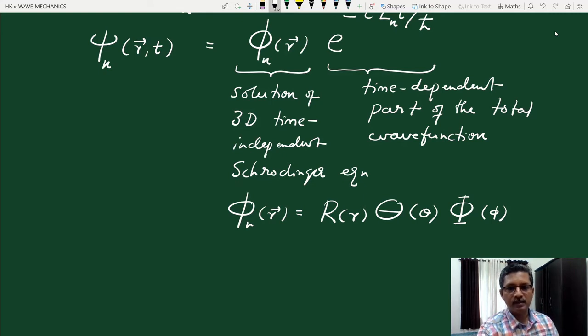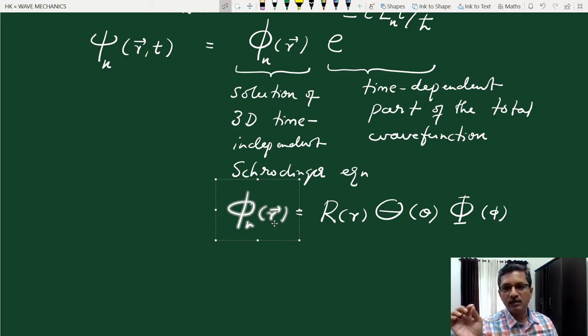So we notice that in the total space dependent wave function, I have written vector r. It's a vector, that means it's a position vector. It has three components. If you use Cartesian coordinates, we can write these three components as x, y, z. If you are using polar coordinates, these components can be expressed in terms of r, theta, phi.